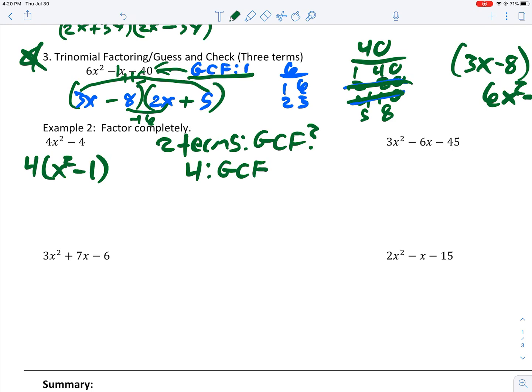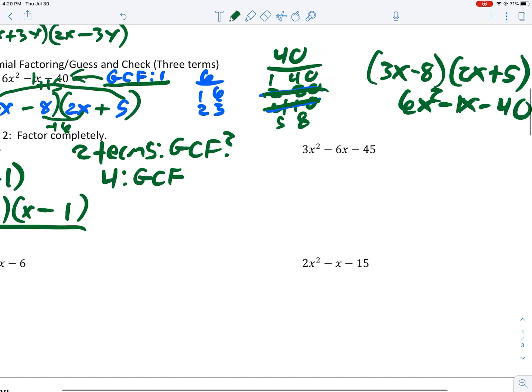Once you factor, you always want to double check: can you factor any further? So that's the difference of perfect squares. Two binomials, plus, minus, or minus, plus, doesn't matter. What do you square to get x squared? X. What do you square to get 1? 1. So there you go, that's completely factored.